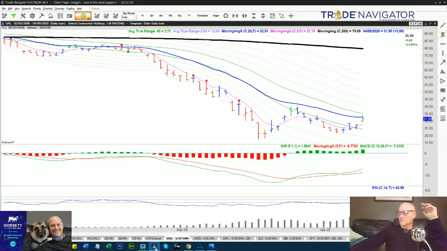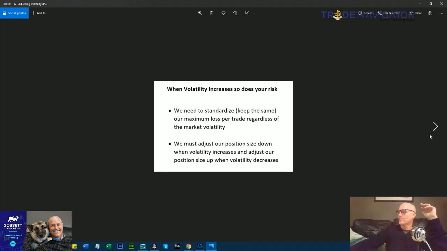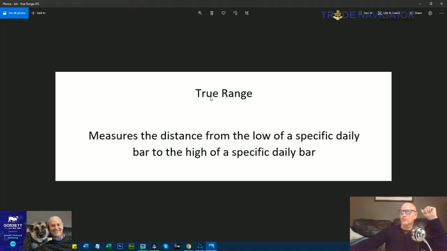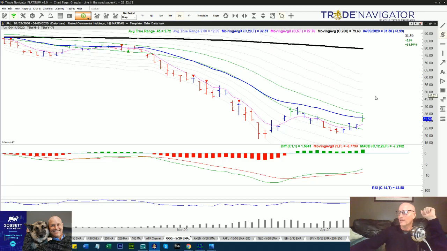All right, so let's take a look over here. What I was just talking about, true range, measures the distance from the low of a specific daily bar to the high of a specific daily bar. And why that's important later on, I'll show you in this formula. But again, over here, you can see where the bars are very narrow, there's not a lot of range.